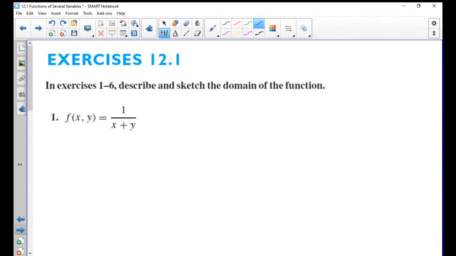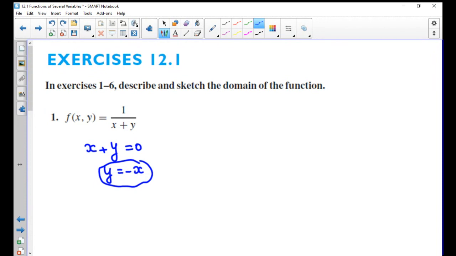Now, let's perhaps do some of these questions. So, describe and sketch the domain of this function. So, for this function, what should we have? Yeah. So, what are we going to do here? x plus y should not be equal to 0. So, I will put y equals 0. So, that means y equal to minus x, yeah?